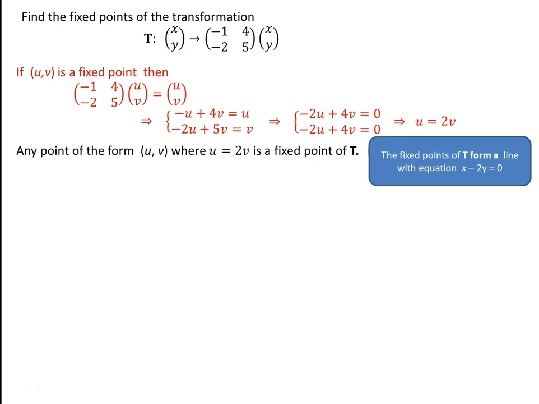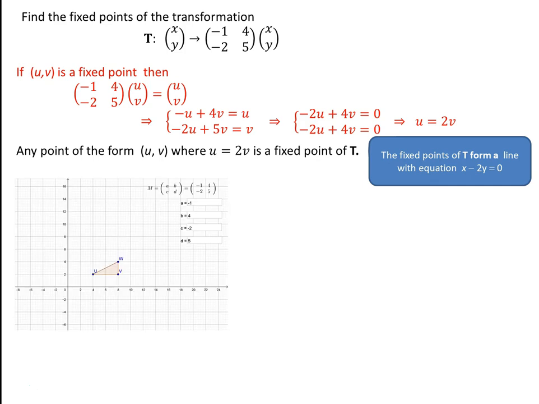Now let's see what this means in terms of a picture of the transformation T. So if we have an object consisting of the triangle UVW, with U being the point (4, 2), V being the point (8, 2), and W being the point (8, 4), then we notice that the points U and W both lie on the line y = (1/2)x, or if you like, they both lie on the line x - 2y = 0.